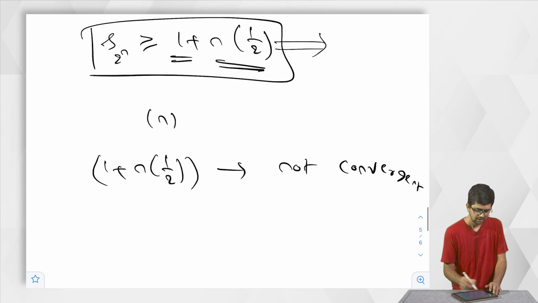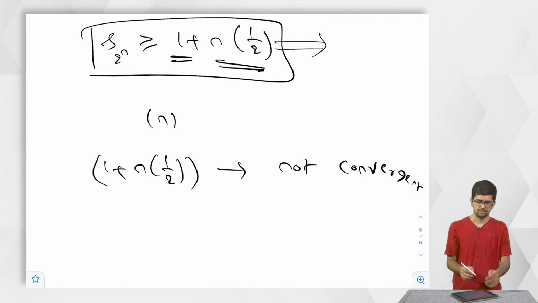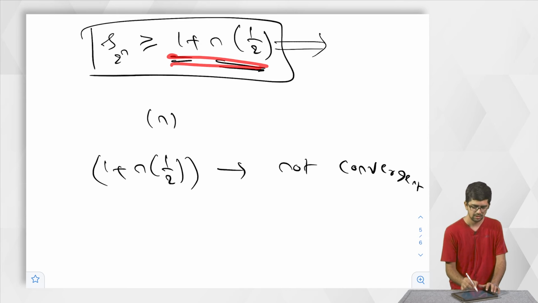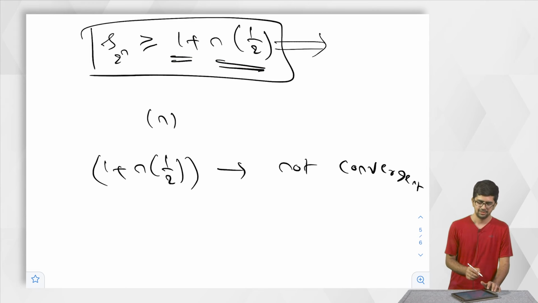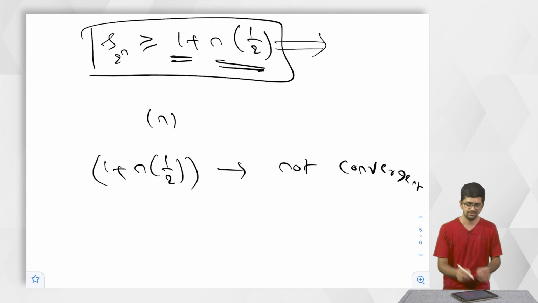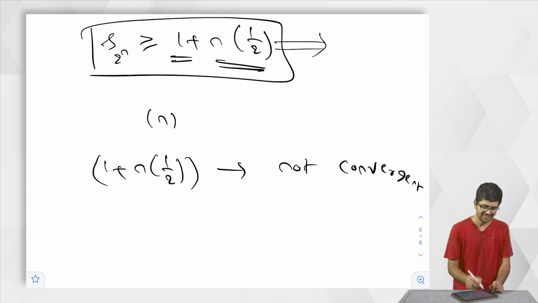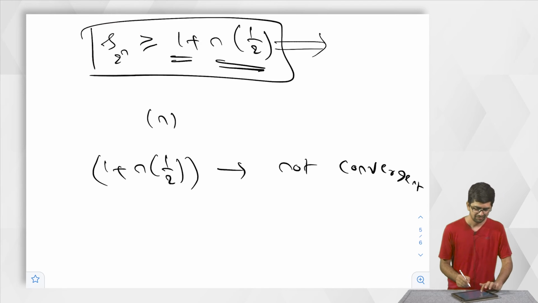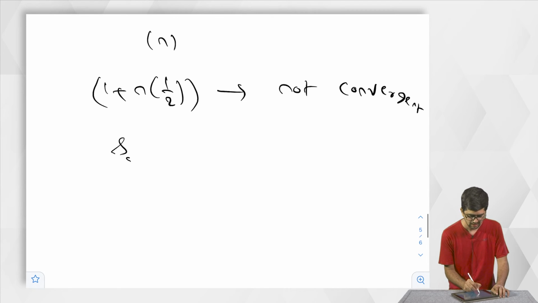And these elements are greater than this. So by what property? You think about the name. By some property, it says this sequence is divergent. Yes, S of 2 power n is not convergent.